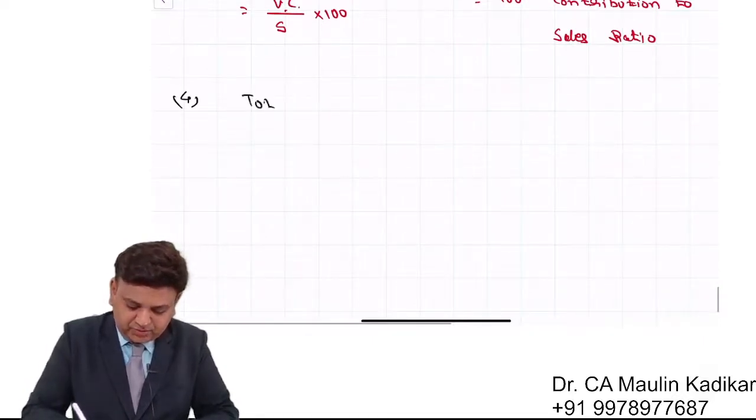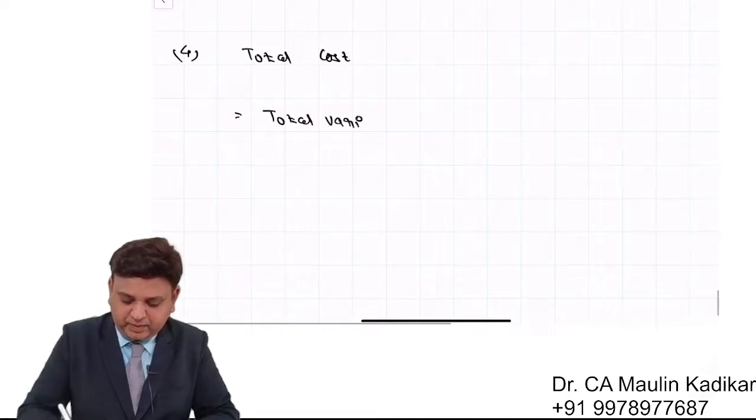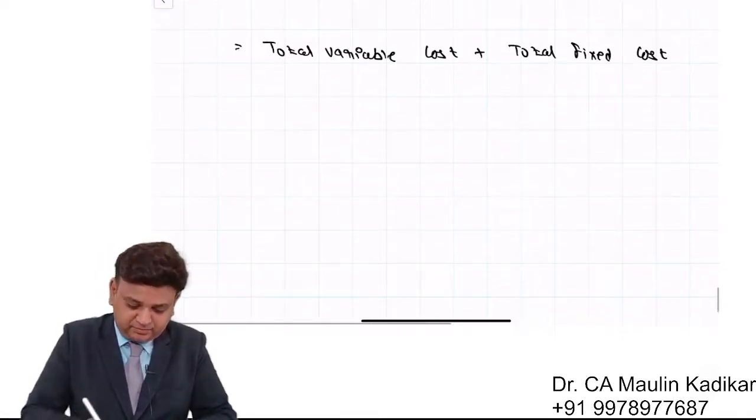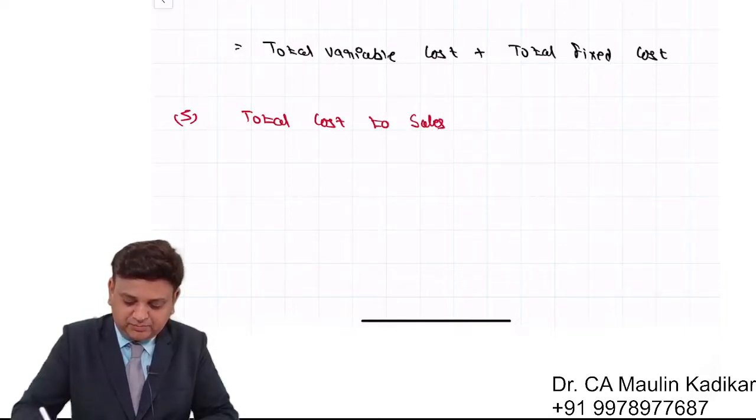Fourth, total cost. It is total variable cost plus total fixed cost. Fifth, total cost to sales ratio.